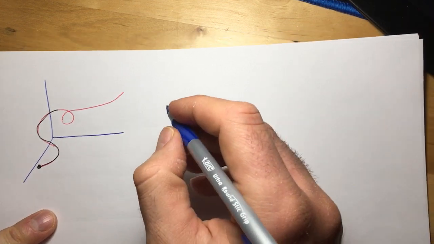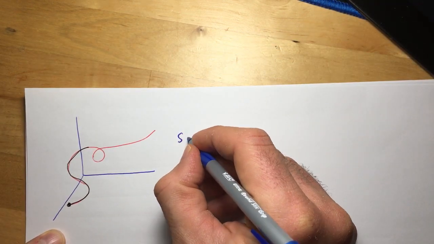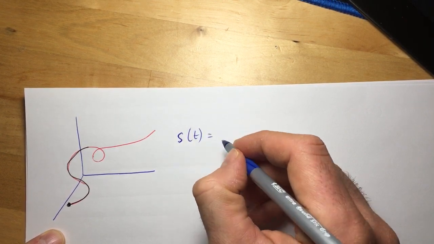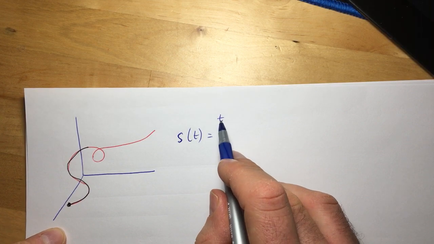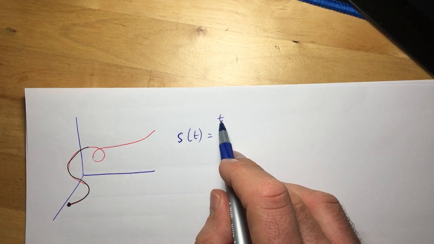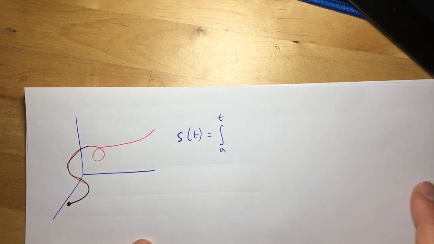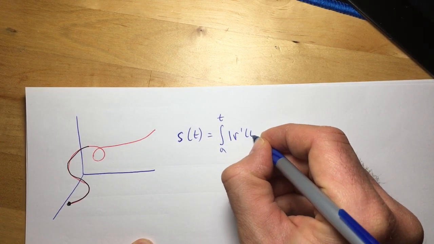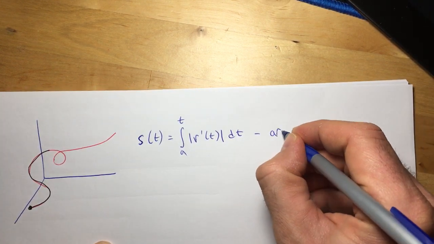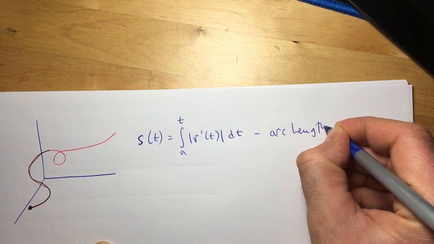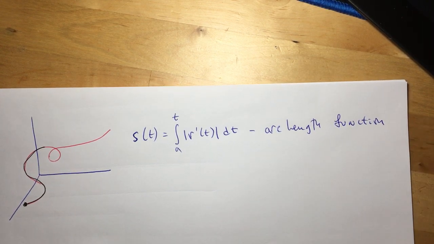Then we can write the arc length as a function where it starts from the point A, but then this here is going to be a variable. We can put any t where t is greater than A. Okay, this is the arc length function.